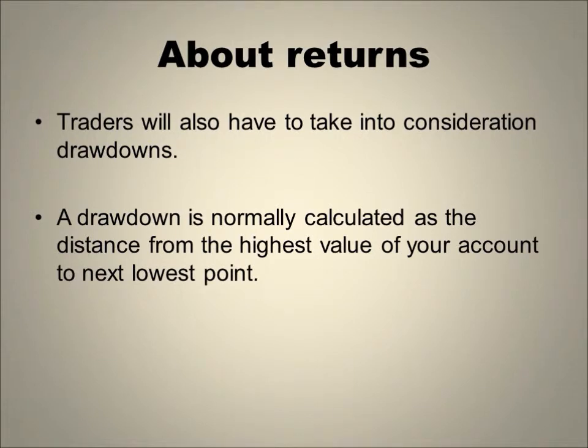Now, again, a drawdown is normally calculated as the distance from the highest value of your account to the next lowest point. So again, we have to understand that during the periods when we're losing, we're not losing too much of our profits.